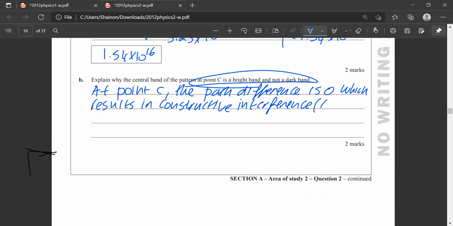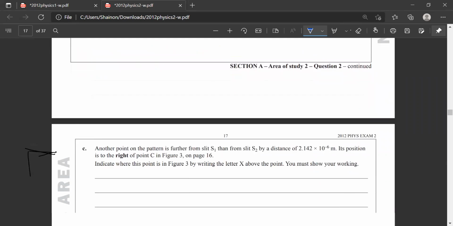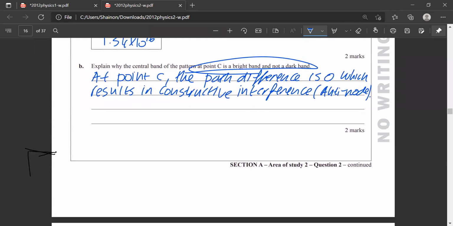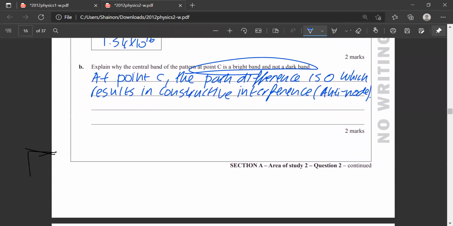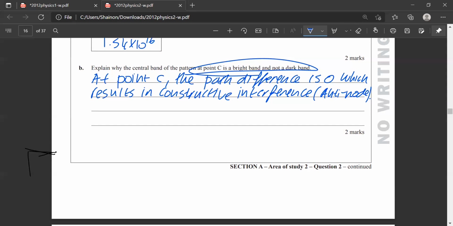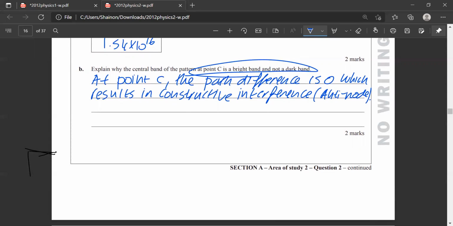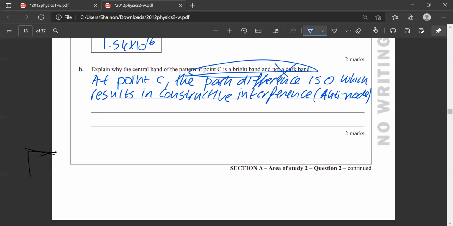And that's the antinode and not a dark band. I guess we have to disprove the dark band bit as well.